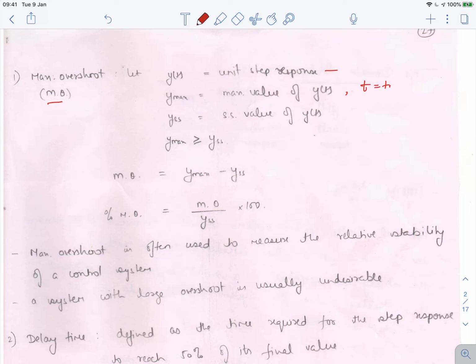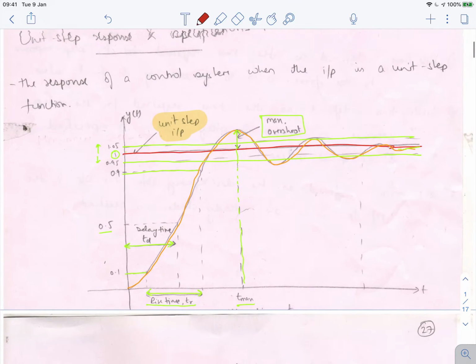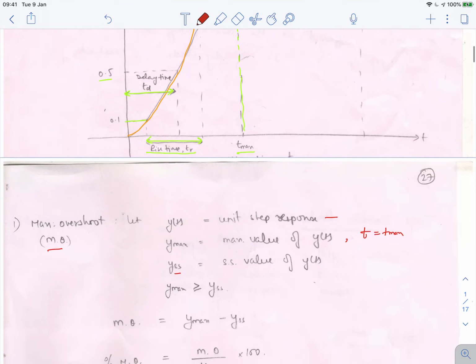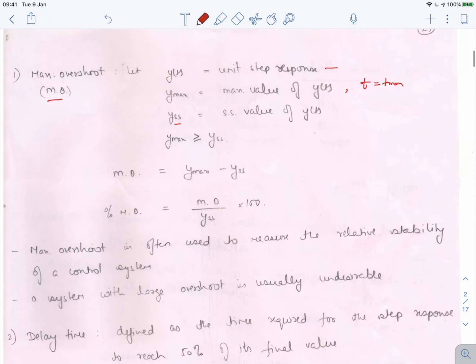At t equal to t max, we achieve this value y max, and yss is the steady state value of y of t. In this case it would be 1, because for this particular response the output settles down to value 1. It might be a different value, but we'll see in what cases we have those different values.